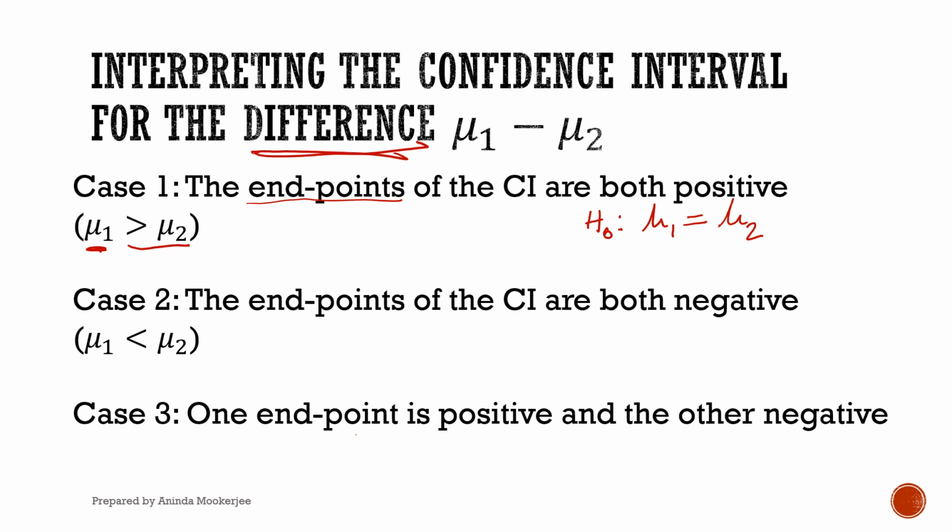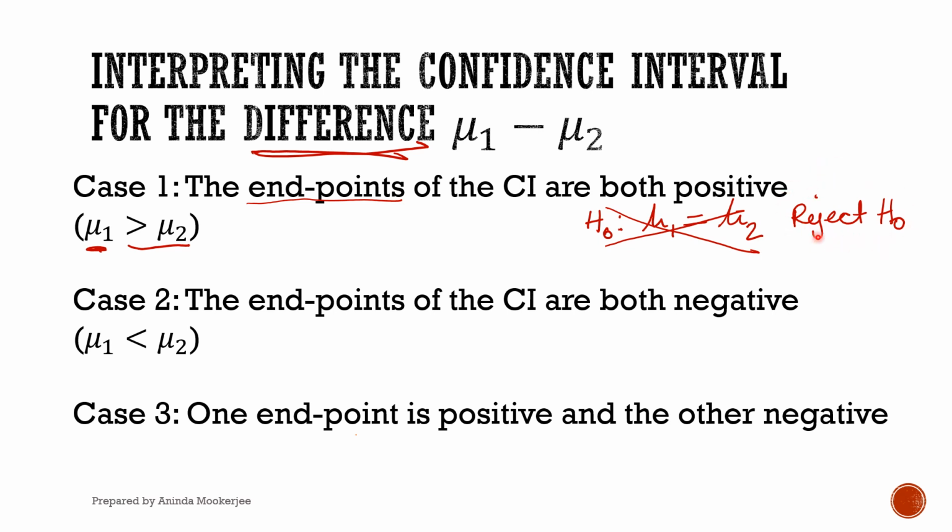That means the null hypothesis of the means being equal to each other is not true, because that is saying that mu sub 1 is greater than mu sub 2. In that case, our hypothesis test will have rejected our null hypothesis. So based on the endpoints of the confidence interval, we can cross-check and verify our results from the hypothesis test.